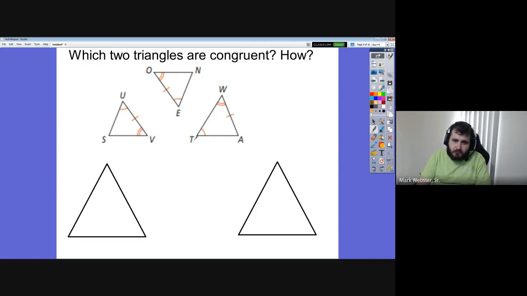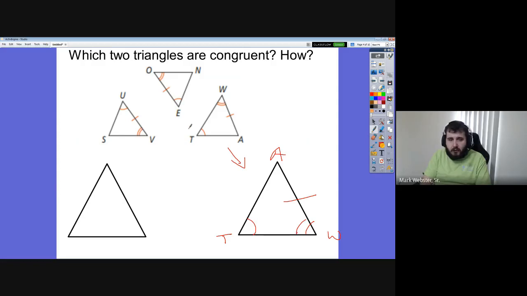So if I look at this one and put it down here in angle side angle format, let's put the 1 here and the 2 here. Before I do anything else, let's put those angles down: angle 1 is T, angle 2 is W, the other letter is A, and then I want to transfer this side over, WA, well that goes here.